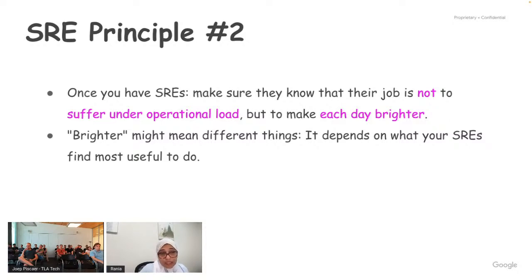We need to make sure they are capable of doing their job, not stressed and not suffering under pain or load to deliver their tasks. That's why it should be a distributed effort, and a rotating effort between different team members as well.